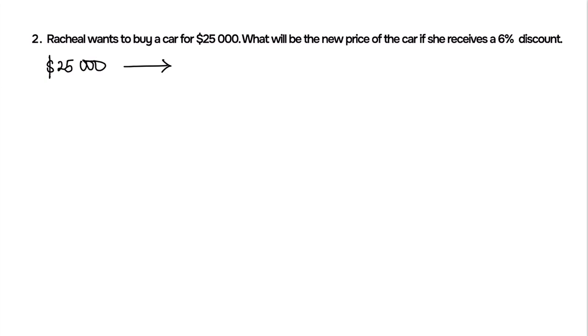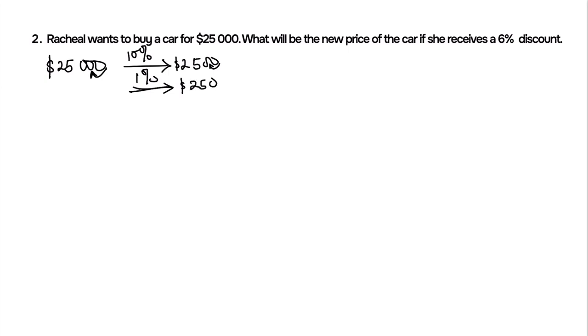I can try to find 10% of 25,000, which means I'm going to move this zero to this side, so that would be $2,500. Since I'm getting $2,500 for 10%, I can try to get 1%. If 10% is $2,500, 1% will be me moving this zero back, so 1% will be $250.